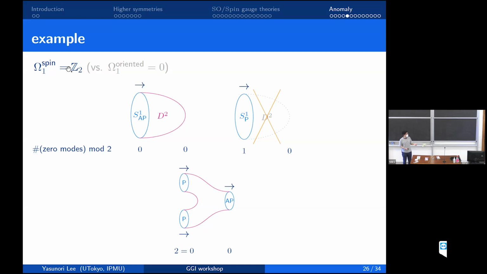As a result, this anti-periodic circle is bordant to an empty one manifold, while the periodic circle is not. So the periodic circle becomes the generator of the one-dimensional Bordism group. It is also known that in the form of a pair of pants, the two periodic circles can be connected to a single anti-periodic circle, which is bordant to an empty one manifold. So as a result, the one-dimensional spin Bordism group turns out to be Z2.